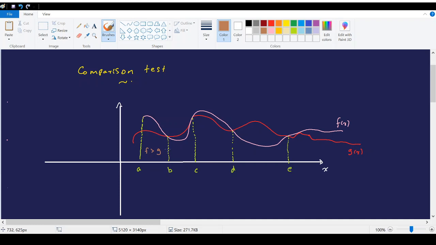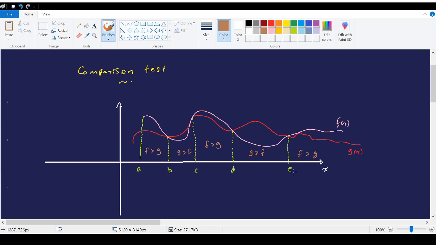In between this region you can see g is greater than f, and here once again f is greater than g, and here g is greater than f, and from here onwards we can see f is greater than g.